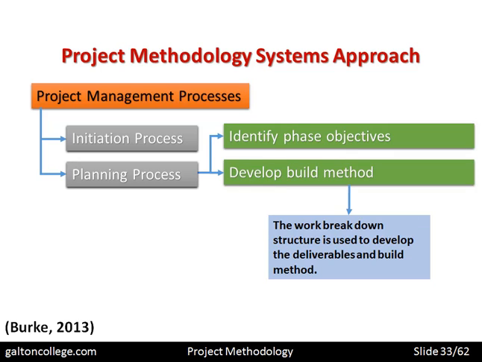and develop a build method. The work breakdown structure is used to develop the deliverables and build method. Break down the various tasks and then set out a program of how the project is going to be run in practice.